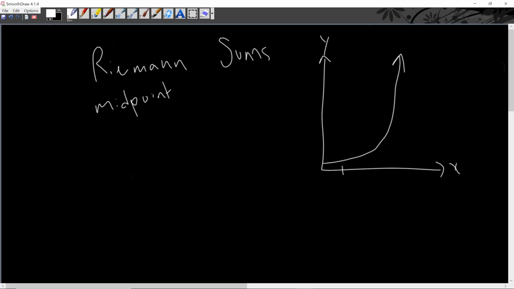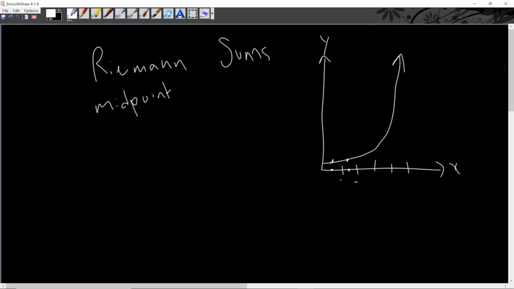And let's say that these are our intervals. I know they're not equally spaced, but it doesn't matter too much. We will say that the midpoint is where the x value to the left and the x value to the right, when you divide that by 2, you find the midpoint, and we will find when that midpoint hits the function.